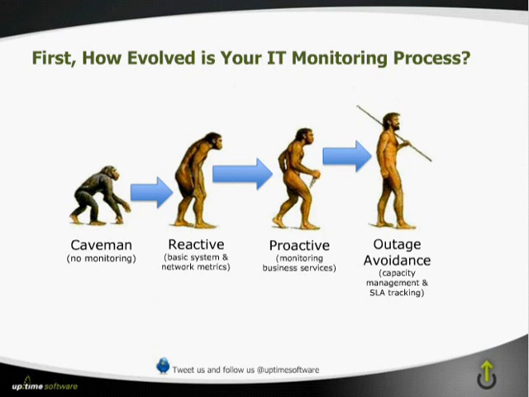There's lots of that going on, and perhaps some of you experience that from time to time. But really where you want to get to, and I will add an arrow here that says most enterprises as a base are stuck here, and I would actually say maybe a little bit between reactive and the proactive state. The proactive state is where you have made the transition where you're not only monitoring infrastructure, but you have defined the business services.